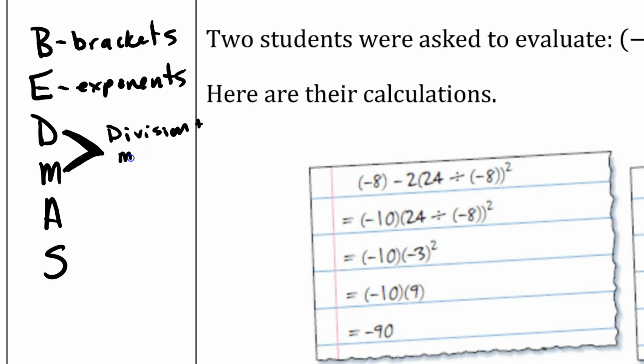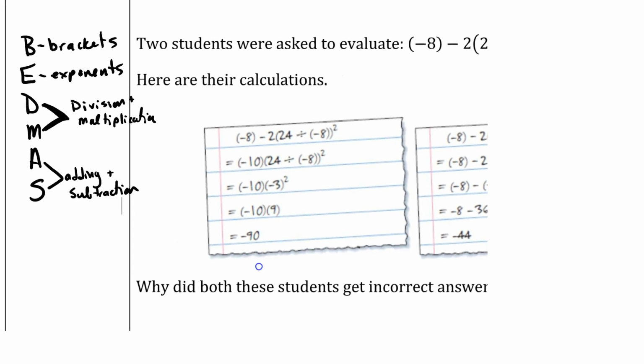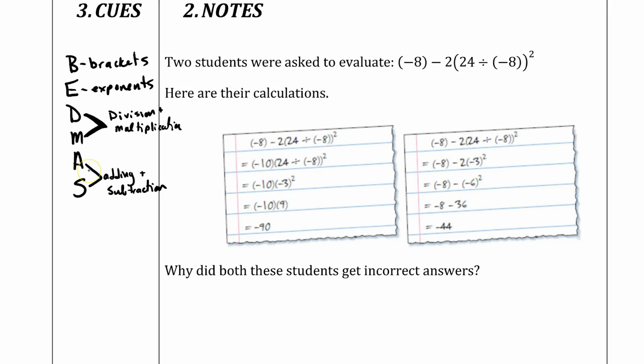And adding and subtraction go together. So, beside any question that requires order of operations, what I like to do is write that BEDMAS there, because then I can check.